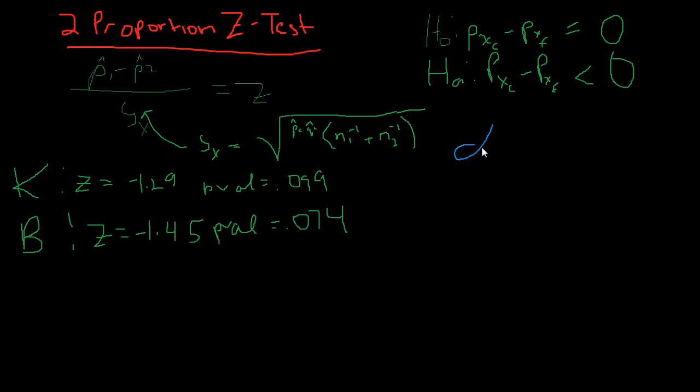And hey, look, now it's significant. So now that we know that, we can go ahead and say that we have evidence now to suggest that the null hypothesis is false. So we reject the null and we accept the alternative.